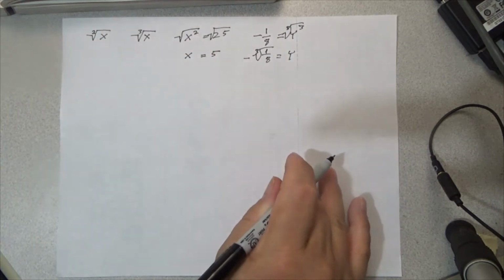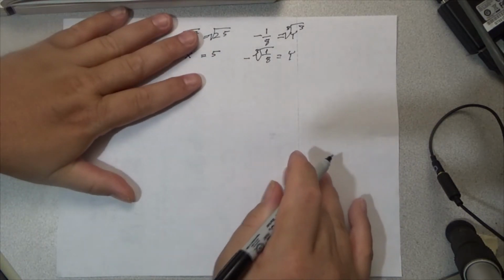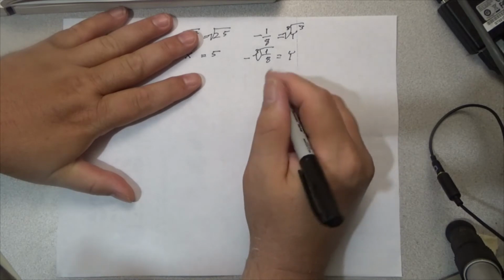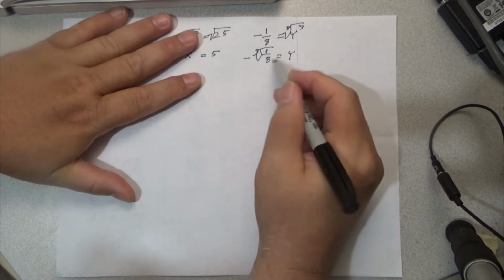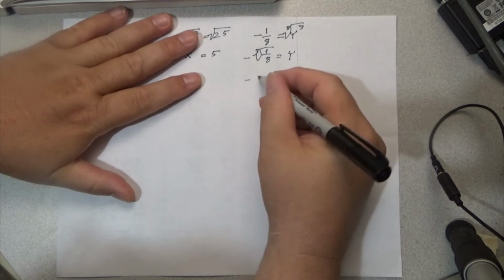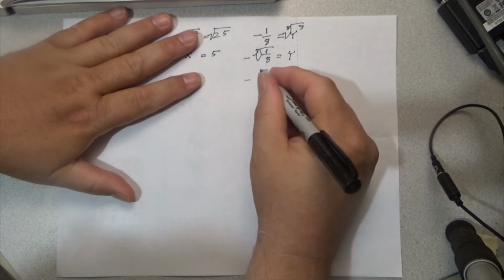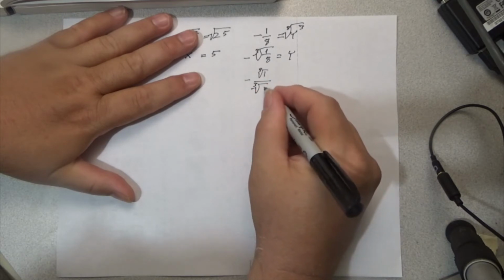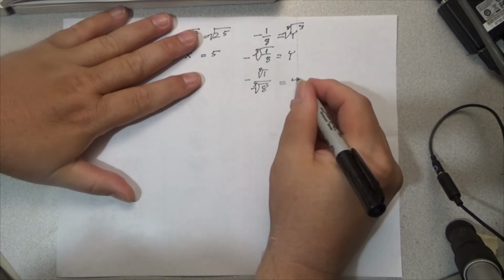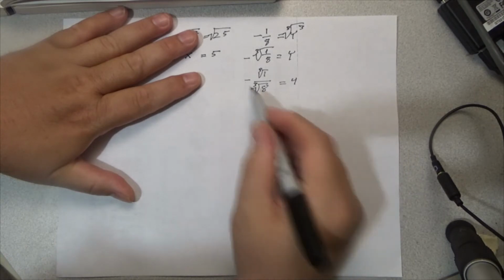Now remember your rules for radicals. If I'm taking the root of a fraction, I can take the individual roots of the numerator and the denominator. And it's going to be negative.